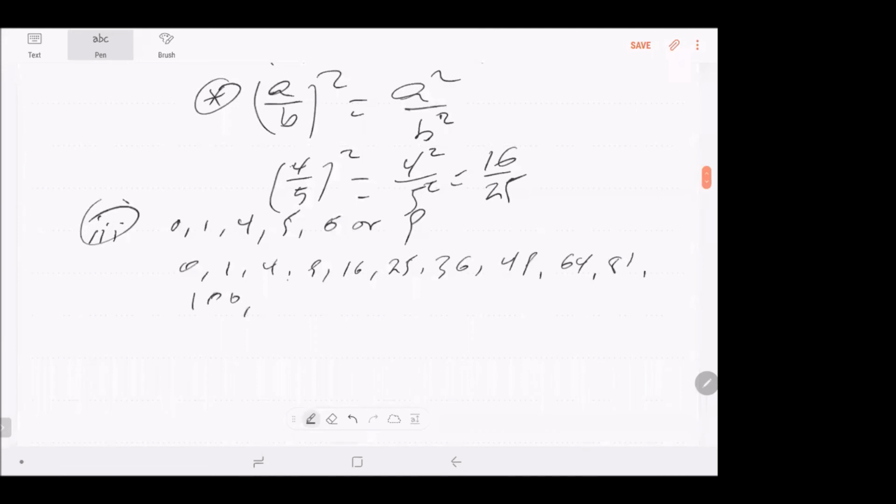You can check all the square numbers. If you see the units digits of these numbers, they end with 0 or 1 or 4 or 5 or 6 or 9. Is that clear? Yes.